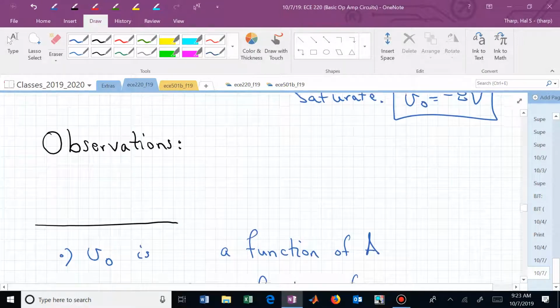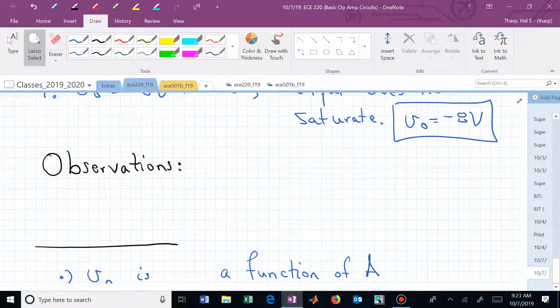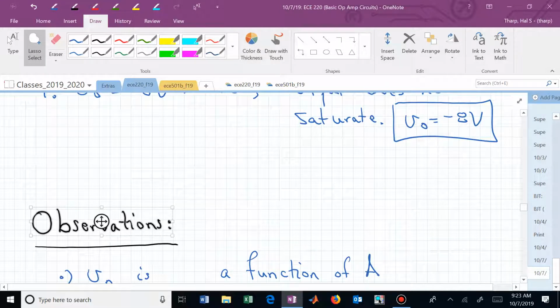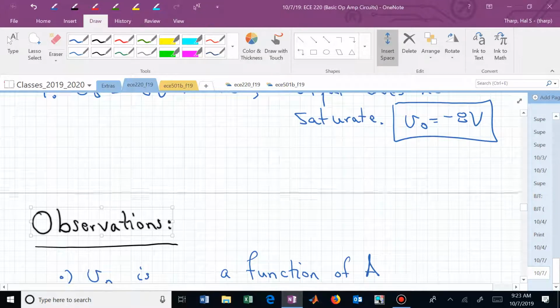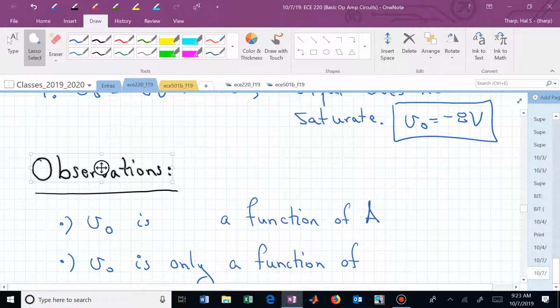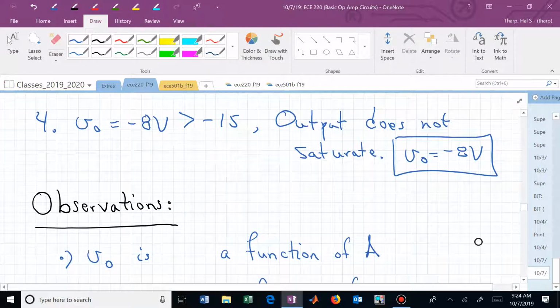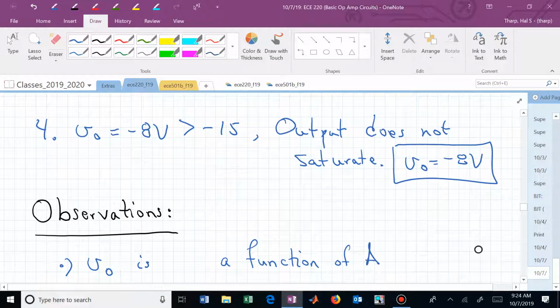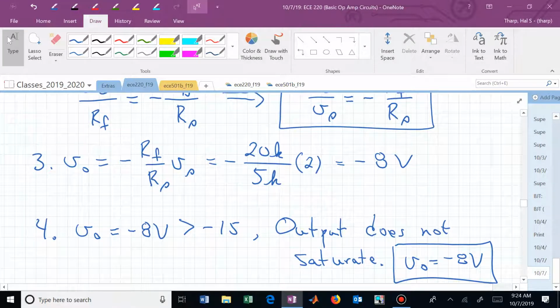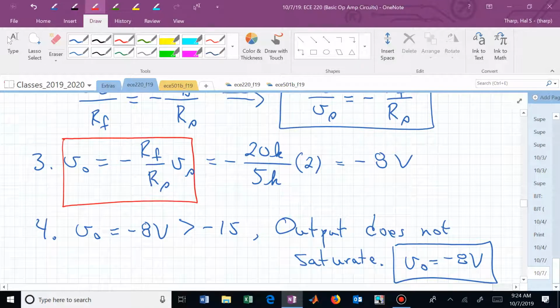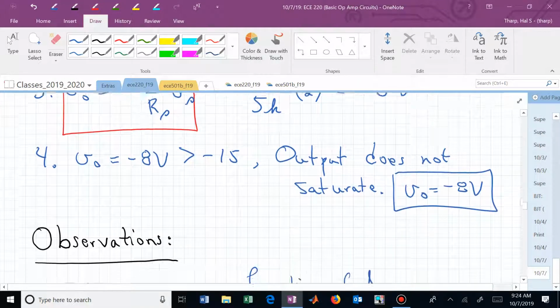What are some observations that we can make relative to the analysis that we just performed? If I looked now at the V sub 0 expression, the functional expression for V sub 0, how is that?